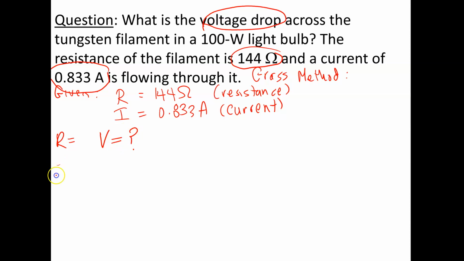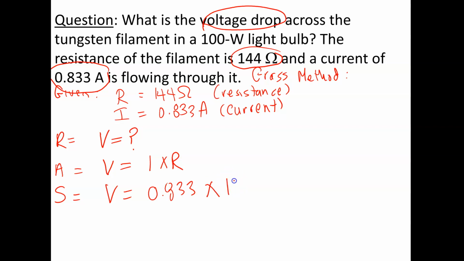And what is going to be the analysis? We are going to use this equation: V is equal to I times R. Okay. Solution, you plug in your values. So it's going to be 0.833 multiplied by the resistance, which is 144. 0.833 times 144 is basically 100, so V is equal to 120 volts.